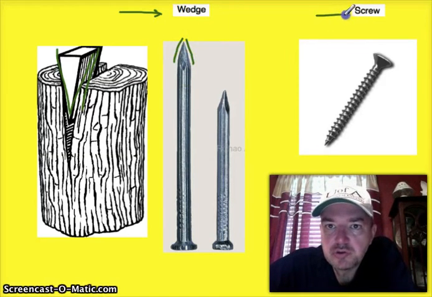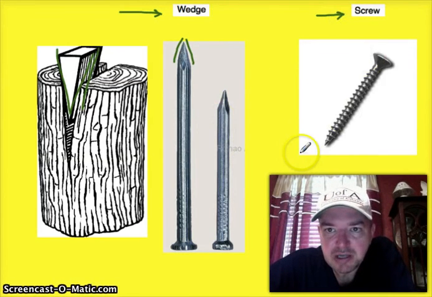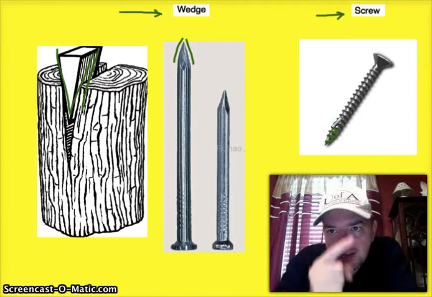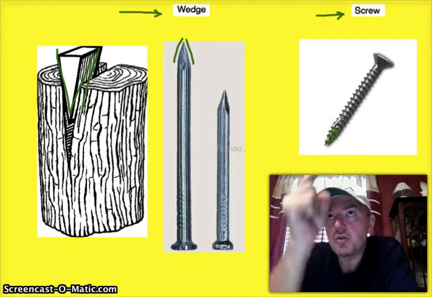We have a screw, which looks a little bit like a nail because of its length and because of its shape. But the inclined plane in a screw is not just at the very end. The inclined plane of the screw goes all the way around it. All these little grooves are like an inclined plane that is going all the way up.